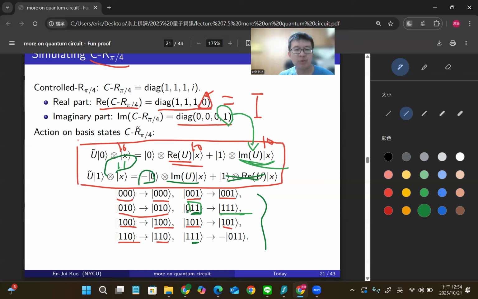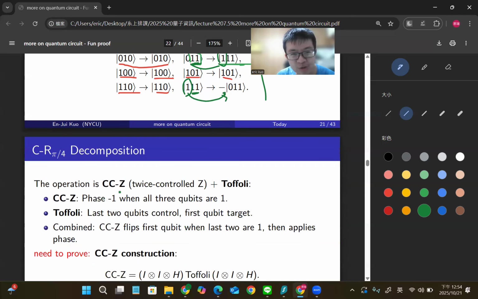You first flip the bit, and when the bit is 1, you not only flip but add the extra minus 1. So simply speaking, it's control Z plus a Toffoli, right?